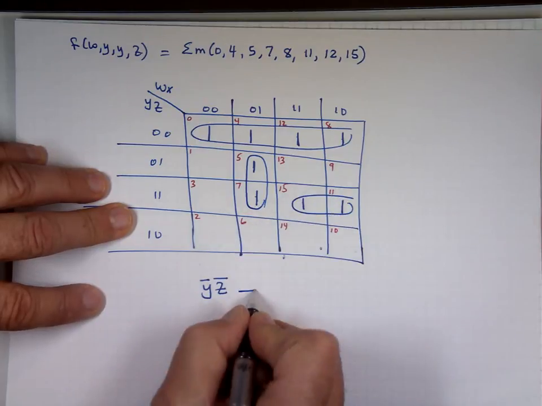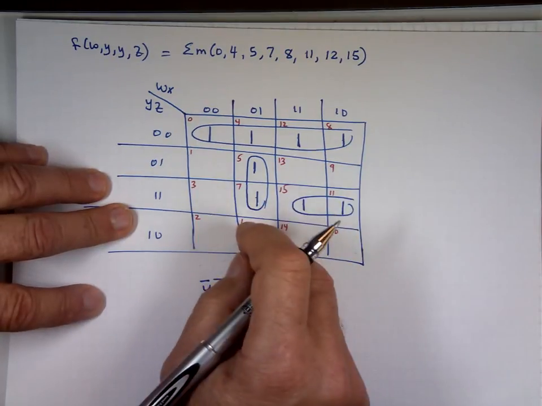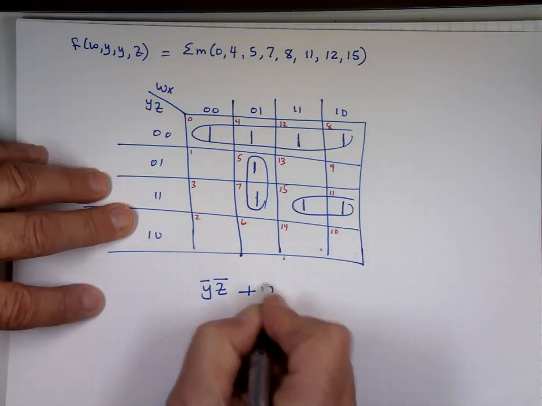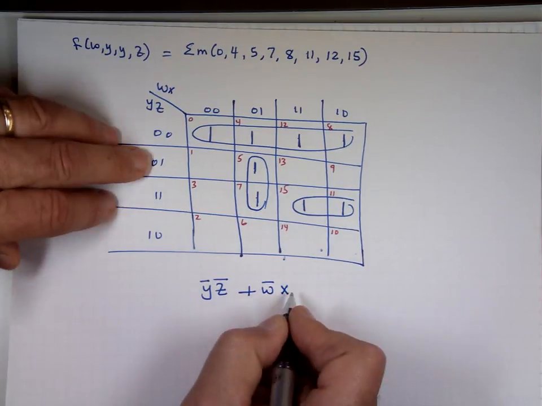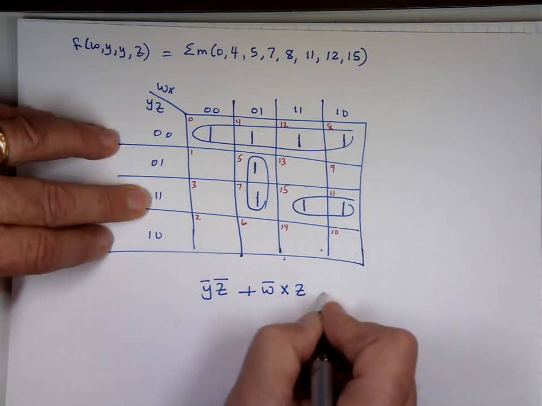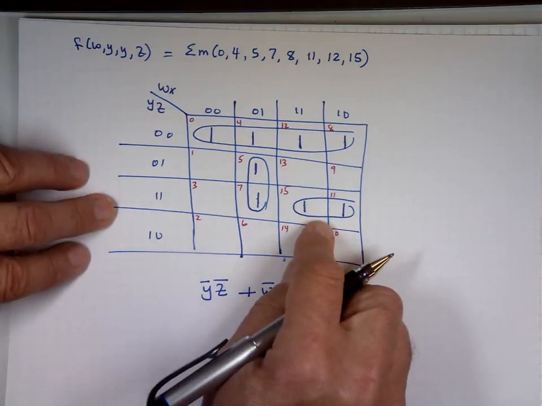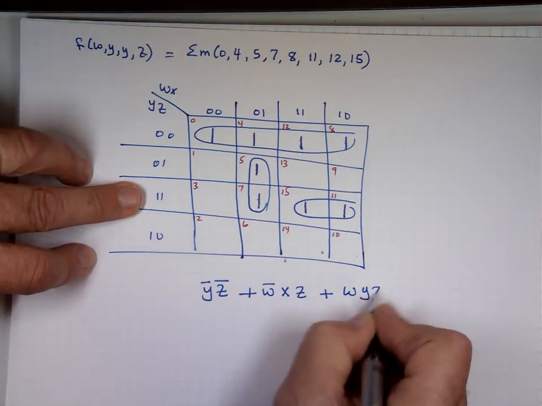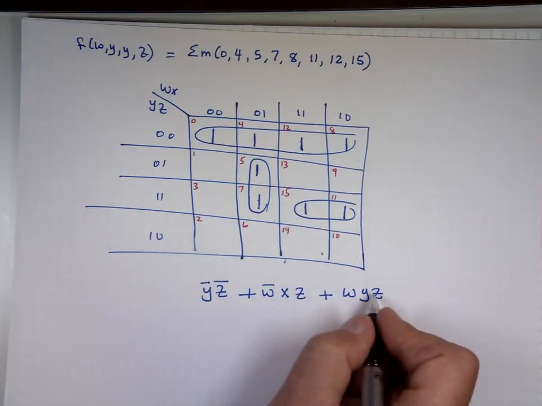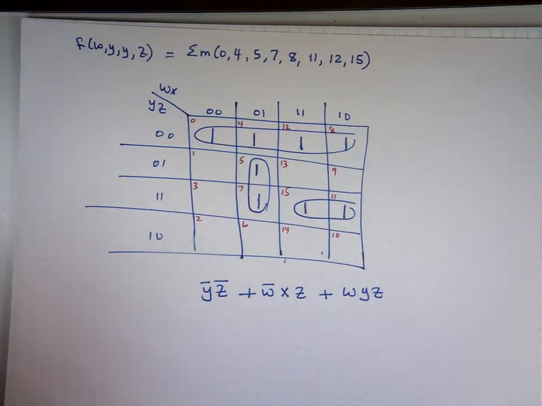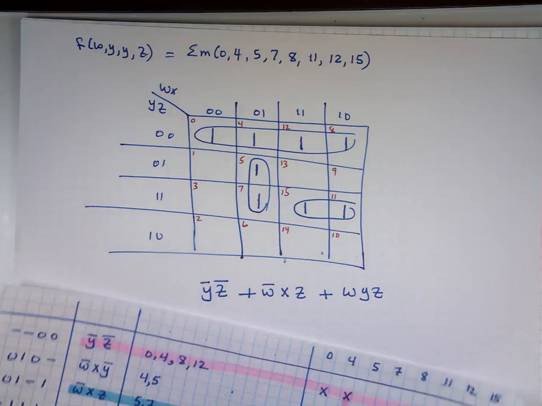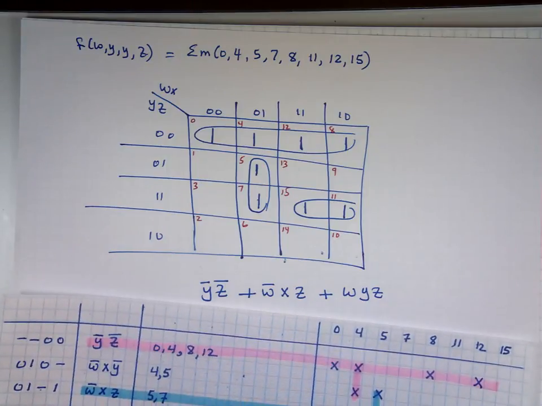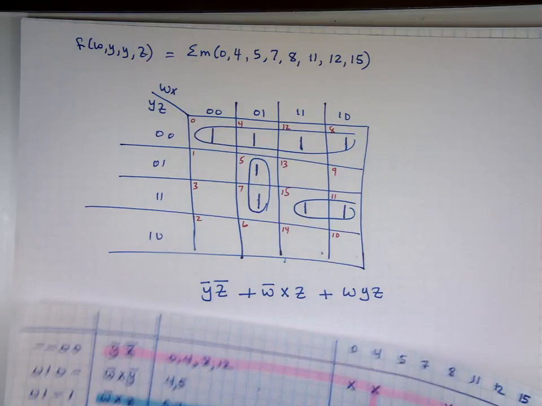That group, if you read that, it's W bar, X, Y is gone, Z. And if you read that one, that's W, Y, Z. Let me see what we got here. Y bar Z bar, W bar X Z, W Y Z. Same exact answer.